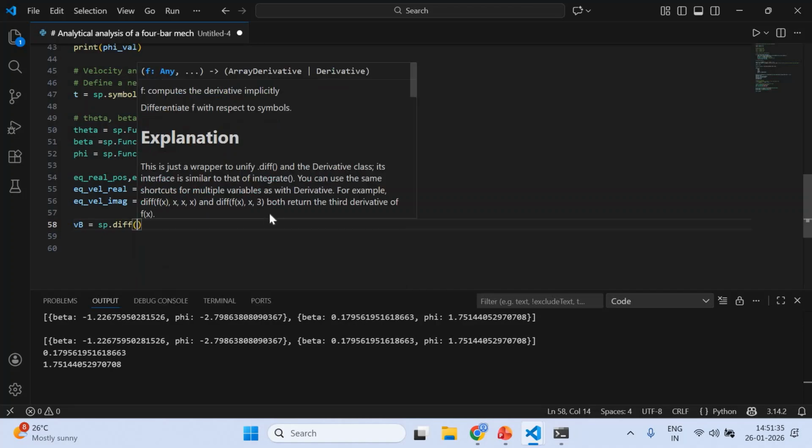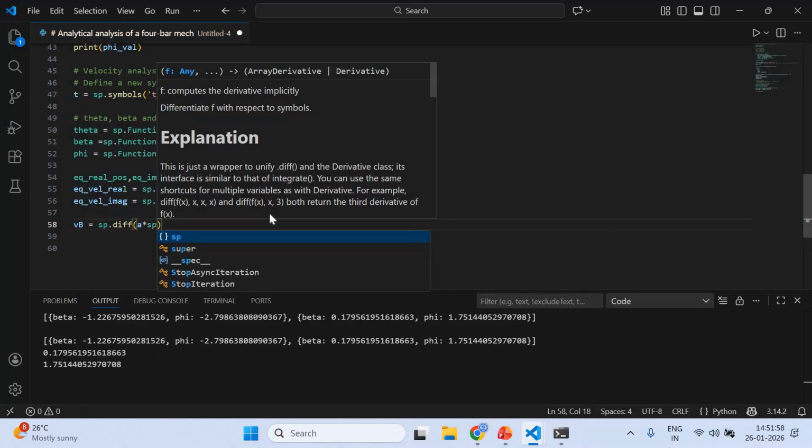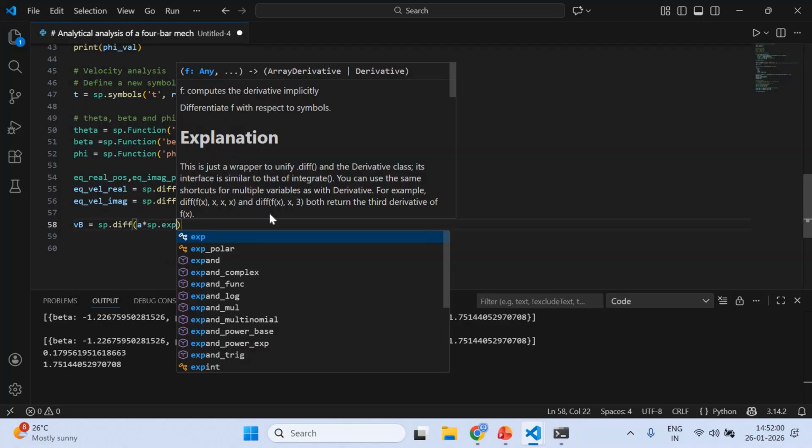So we are going to calculate the velocity of point B. So this is simply what? d by dt of the position vector of point B, which is A. So here we will simply write down sp.diff again. Now we are expressing everything into exponential format. So we will simply take A star sp.exp.